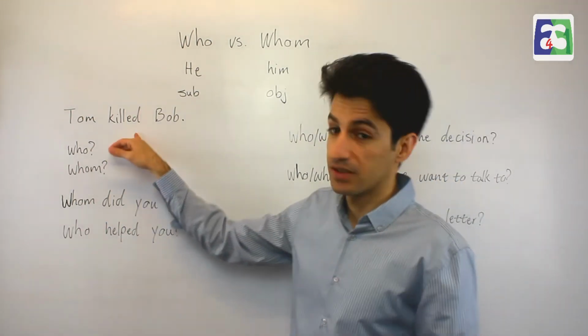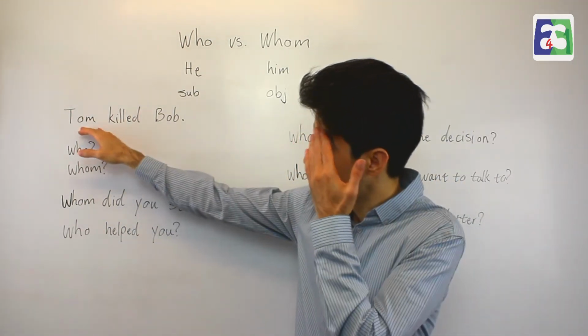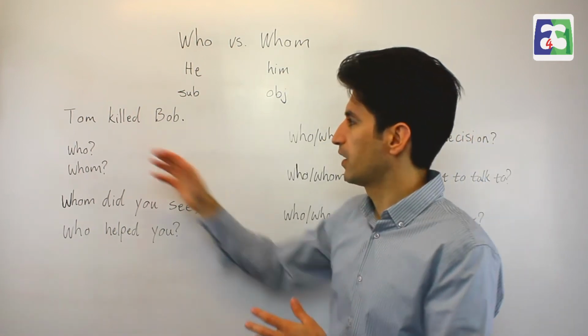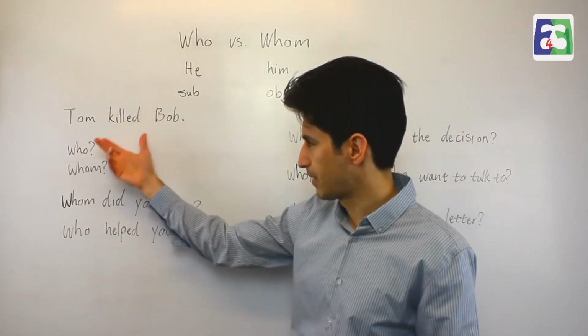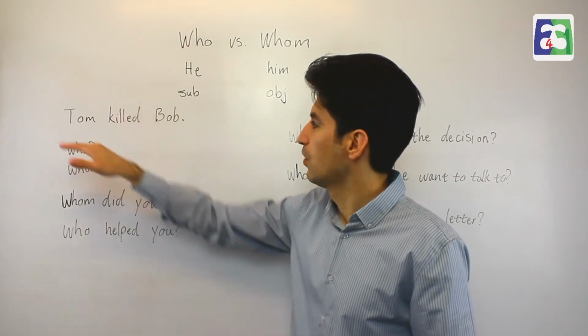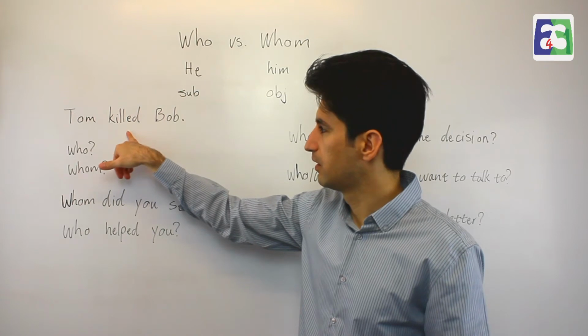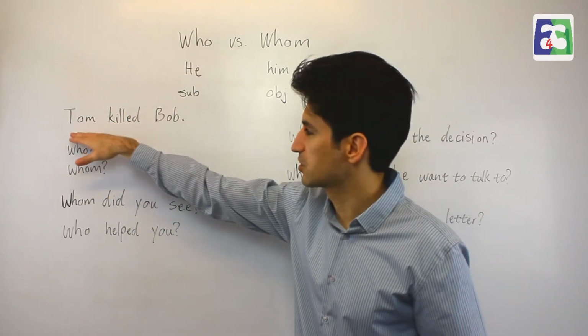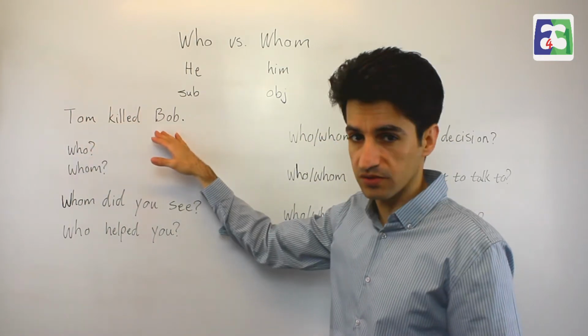Now let's look at this example. Tom killed Bob. We have two men in this sentence. One does something and the other one receives the action. So this is the subject and this is the object of the sentence.